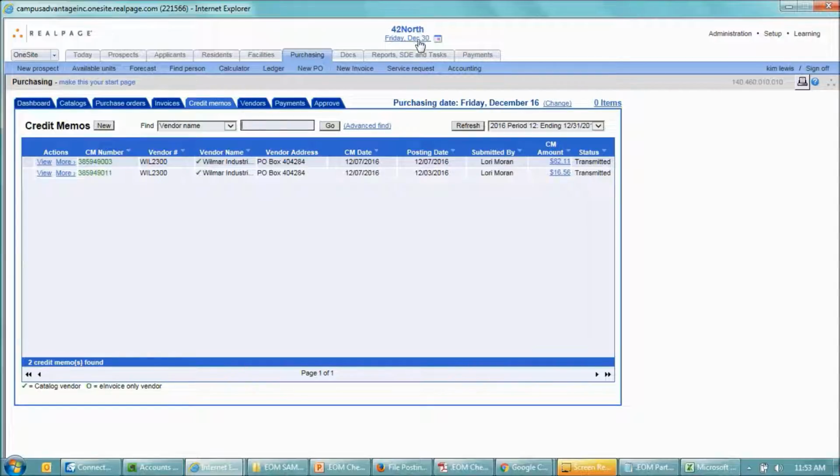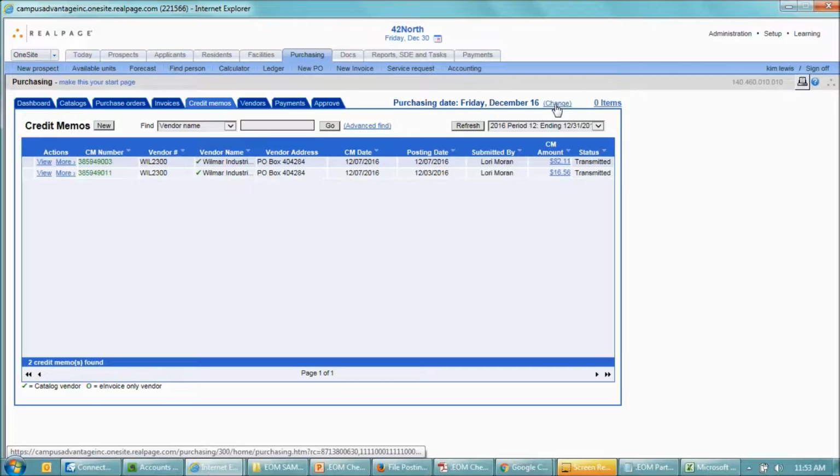We always want the property date, this date at the top, to match the real-life calendar date, because this is one of the triggers to keep your leasing reports up to date and accurate, and also to have late fees properly post on the resident portal and ledger so they can see their true late fees. Lots of different reasons we want this one to match the calendar date.